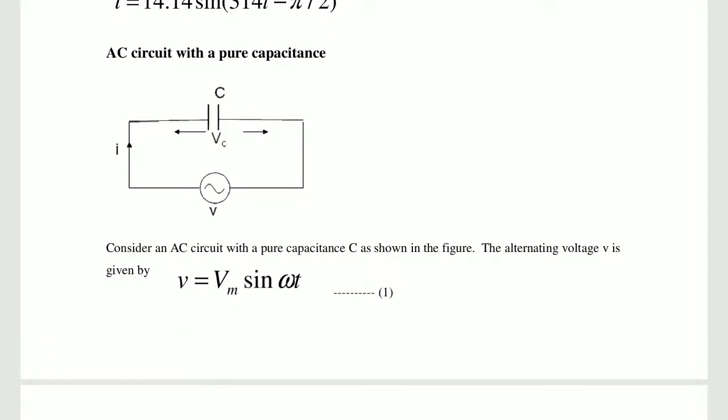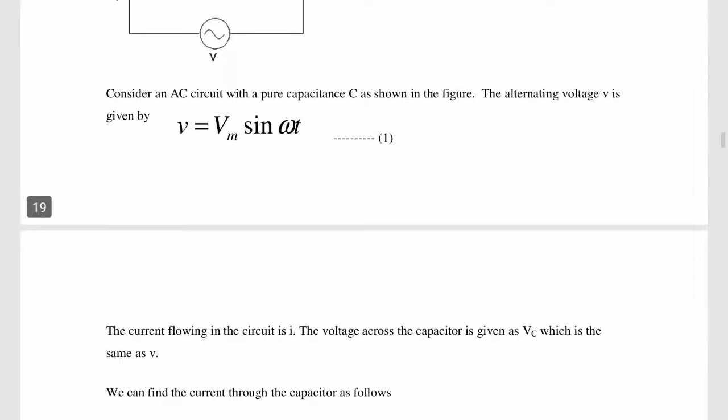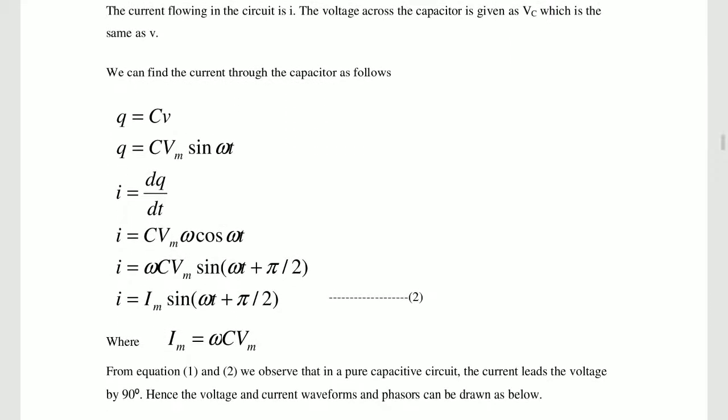Here the instantaneous voltage is V is equal to Vm sin omega t, that is an alternating quantity, and the current is Im sin(omega t plus pi by 2).